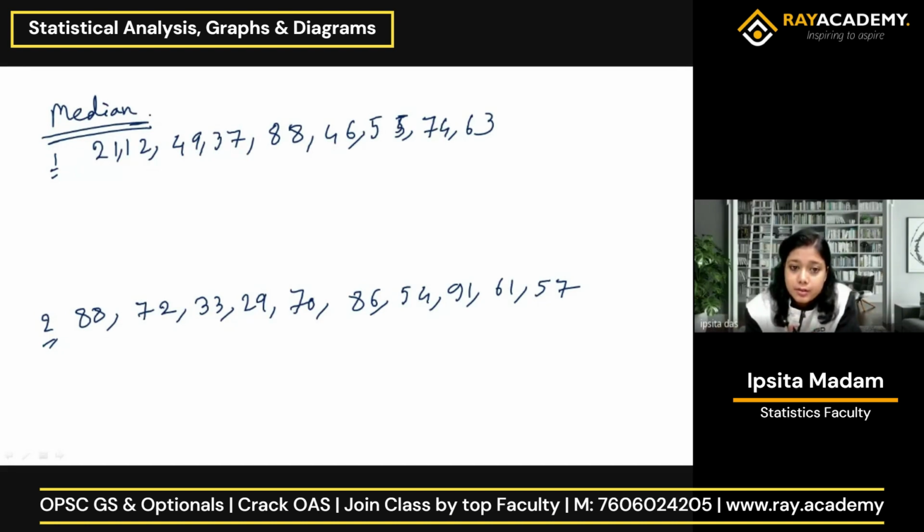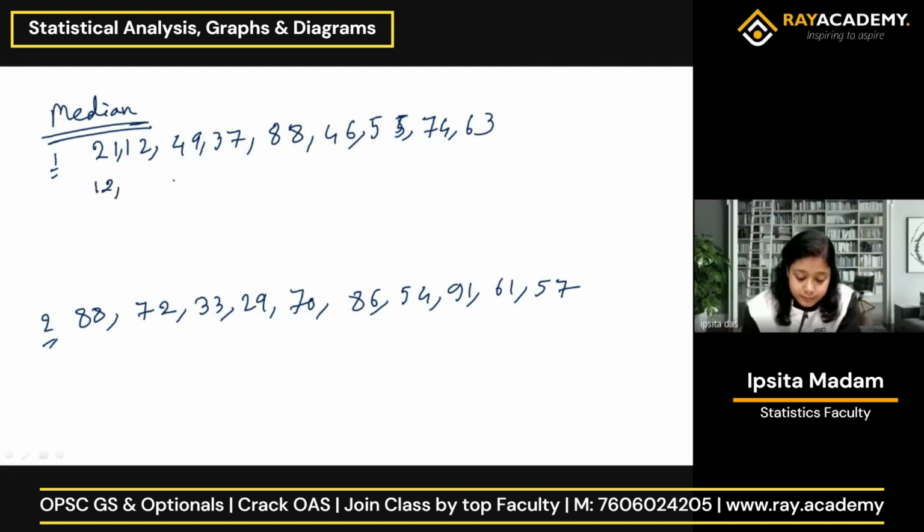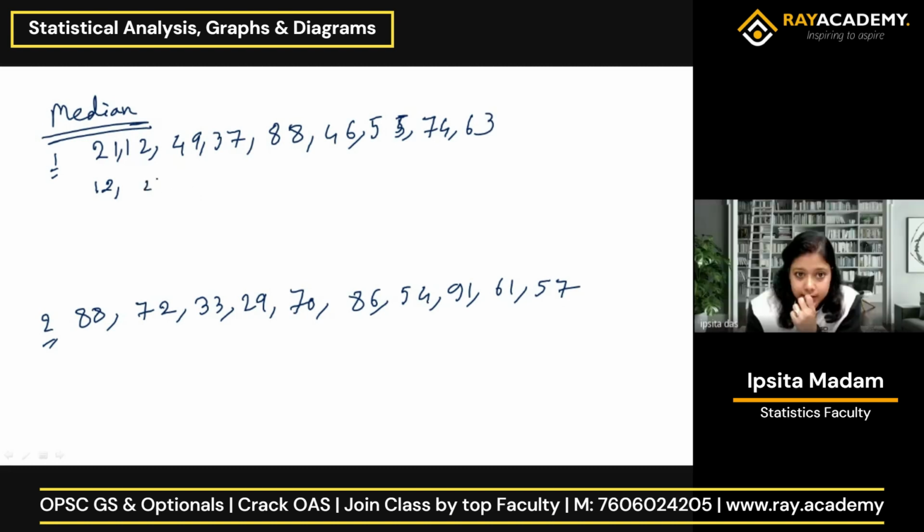First, you arrange the numbers in ascending order. Which number comes first? 12. Then 21. Then 37. Next 46. Next 49. Next 55. Next 63. Next 74. Next 88.